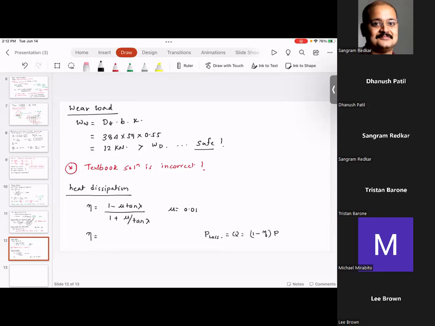That should give you approximately, let me see, the efficiency is about 89%, so 1 minus 0.89 multiplied by the power, which is 10 kilowatts.